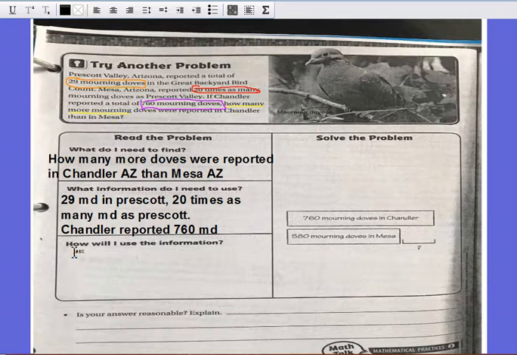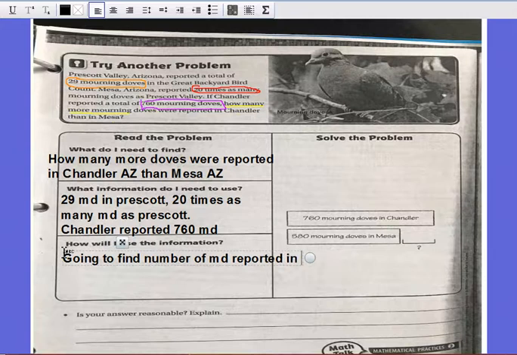How will I use the information? You're going to solve a simpler problem first. So you're going to find the number of mourning doves reported in Mesa.